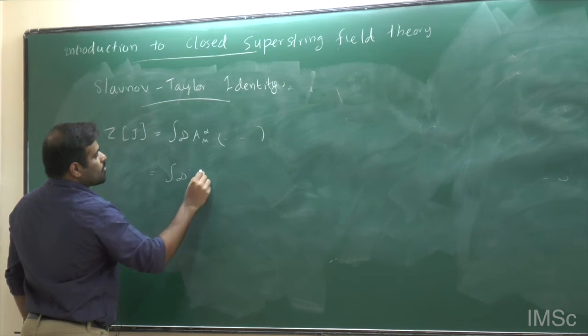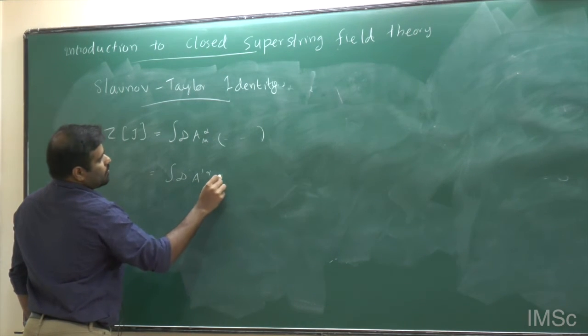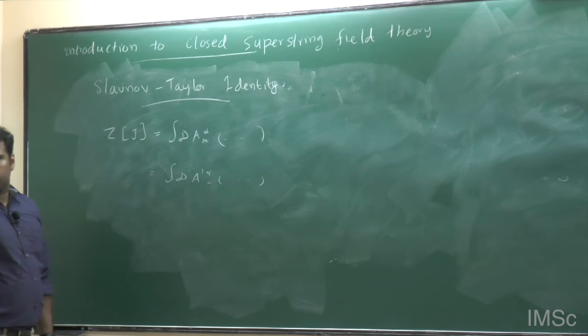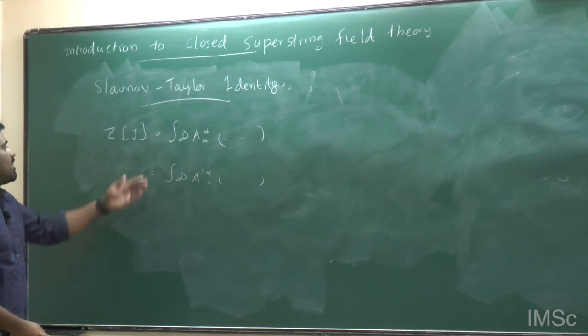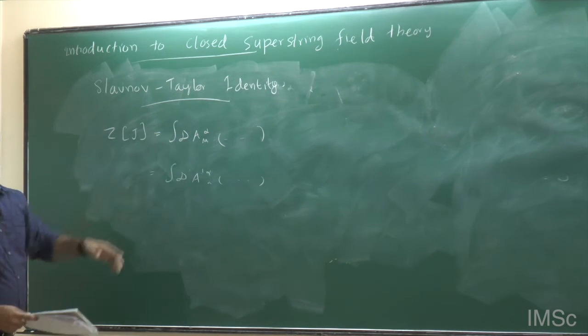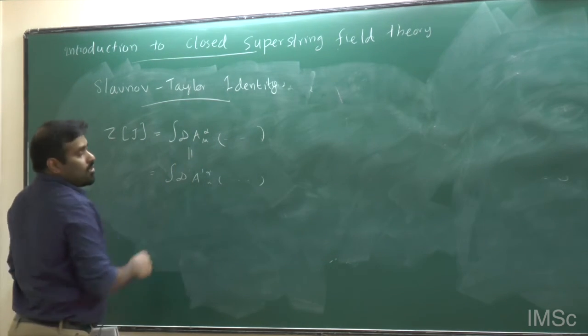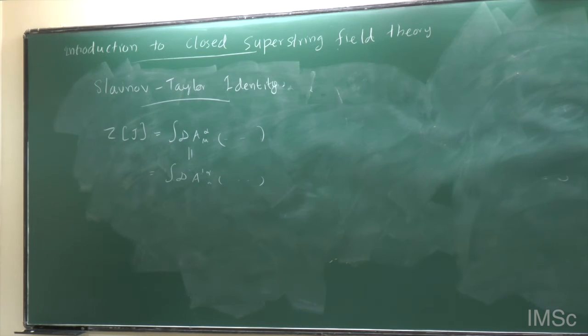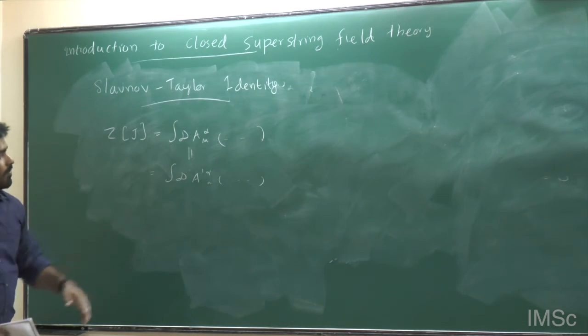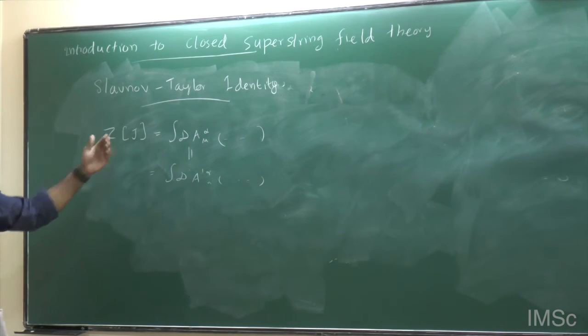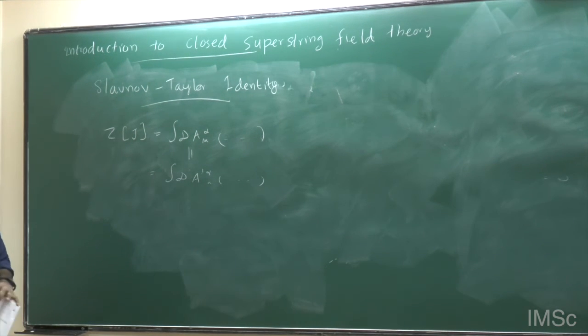A can be transformed to A prime alpha mu, and we know that it has the symmetry. So these two things should be equal.